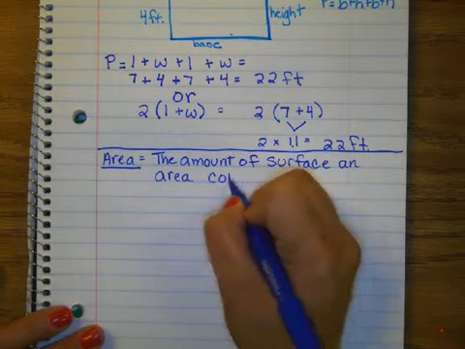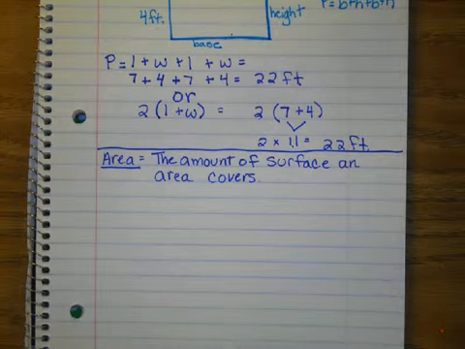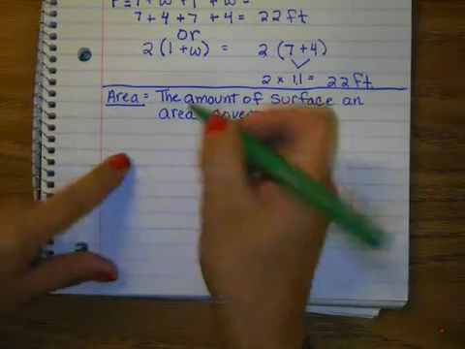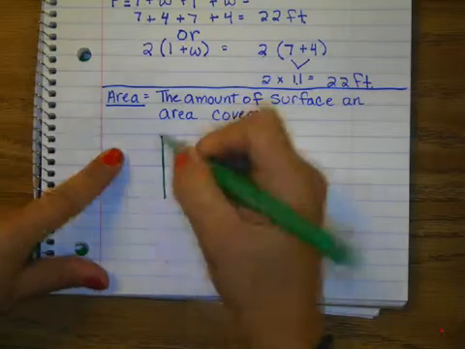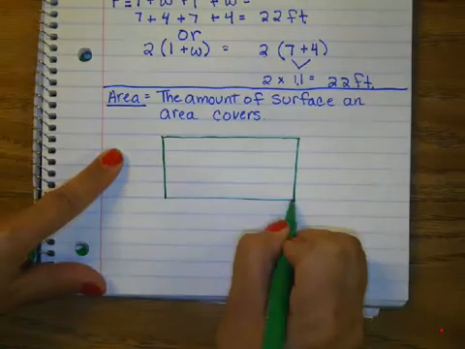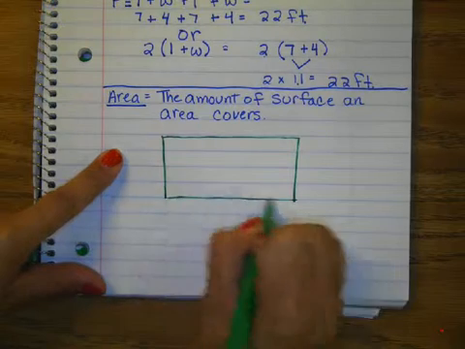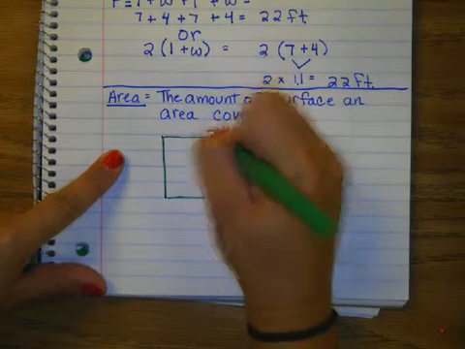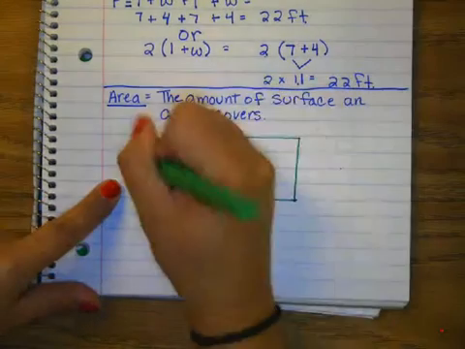So again, I've got my same backyard, right? But now I have my fence built. And my backyard measures 7 feet by 4 feet. Well, guess what?